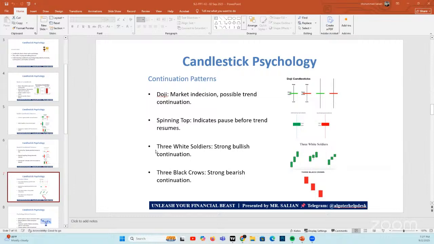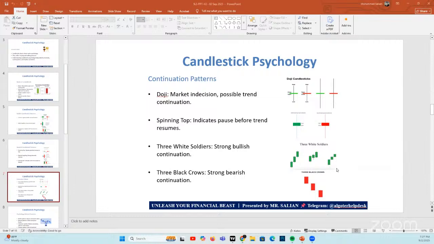While the next one, we have the three white soldiers. Strong bullish continuation. When you see this kind of pattern, three bullish candles, it doesn't matter. Sometimes there's a small candle in the middle, and sometimes there are two succeeding candles after that.